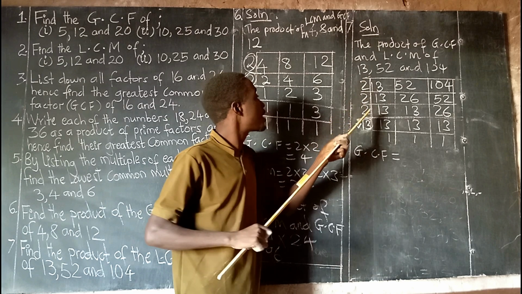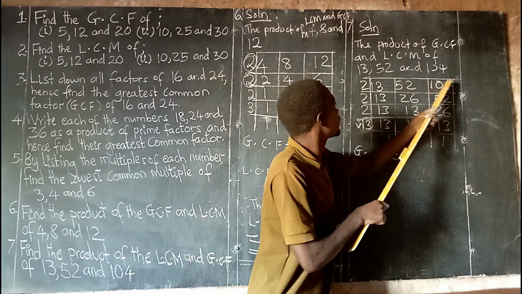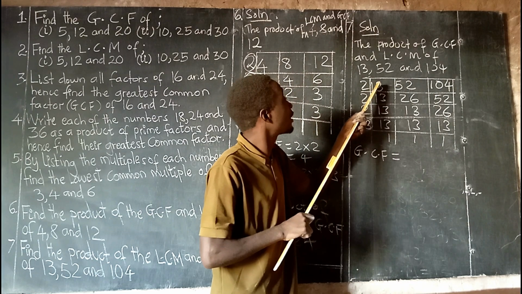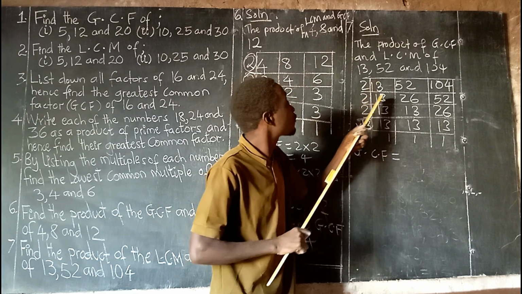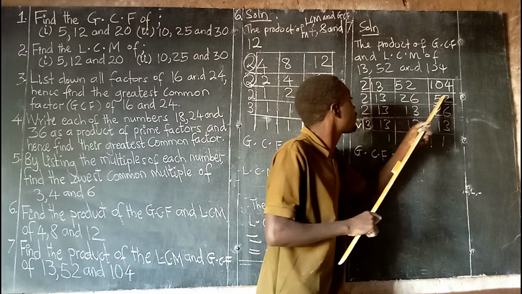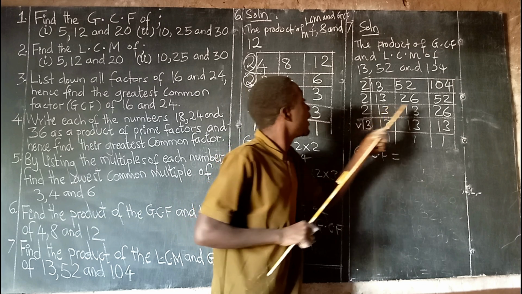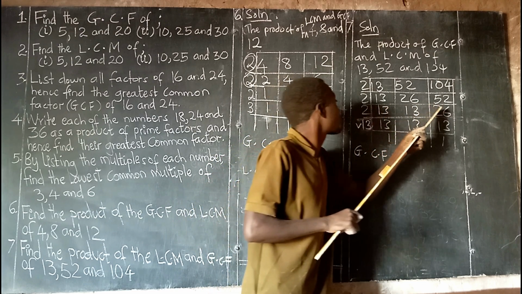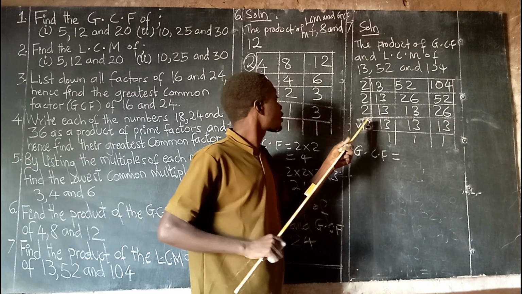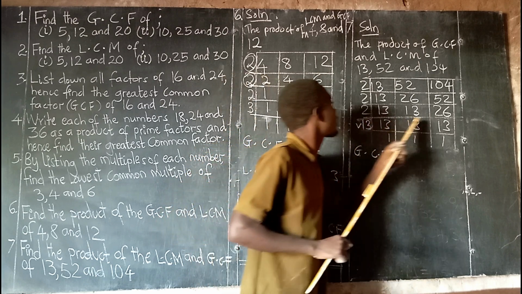The first 2 has failed because it has divided only 52 and 104, but it has failed to divide 13. The second 2 has failed to divide 13, but it has only managed to divide 26 and 52. The third 2 has failed to divide 13 and 13, but it has only managed to divide 26. The fourth prime number, which is 13, has managed to divide all of the 3 numbers.